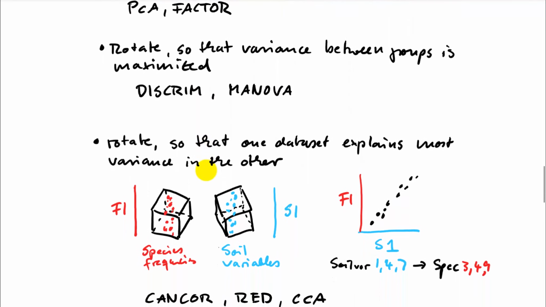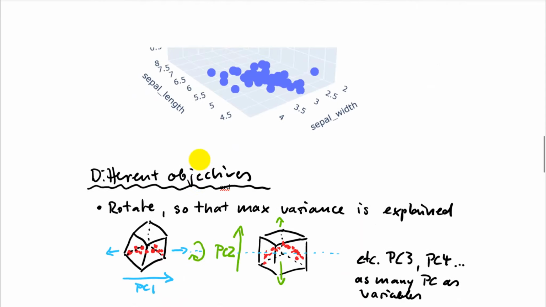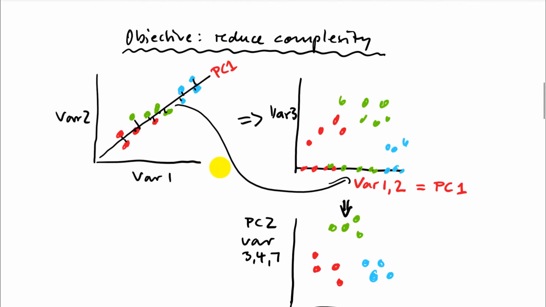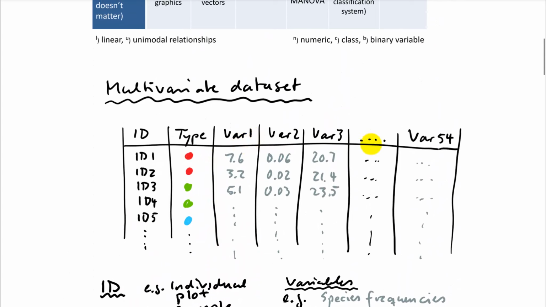And if you have two data sets, you can kind of rotate two cubes. So if we look back here at our data set, I have a bunch of variables that belong to one category, let's say species frequencies, but then you also have another set of variables that you collected here, maybe climate variables or soil conditions. Oftentimes your multivariate data set is composed of groups of multiple variables.